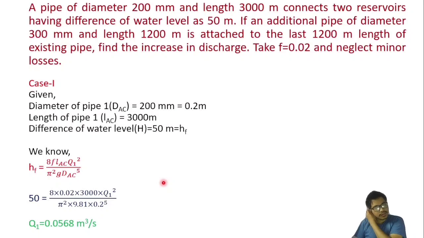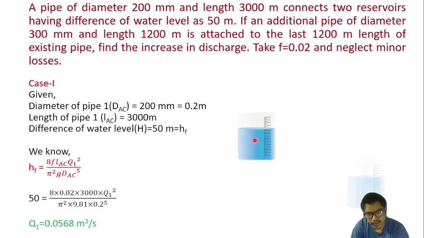So this is a similar question. A pipe of diameter 200 millimeter, that is 0.2 meter, and length 3000 meter connects two reservoirs. So this is reservoir 1, this is the second reservoir, having difference in elevation 50 meter.